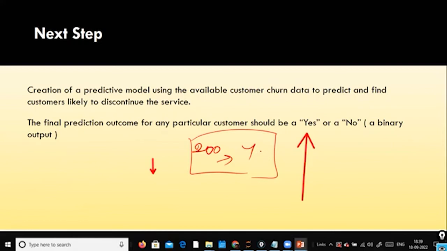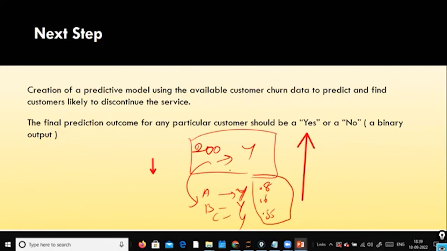If you quantify each customer with a probability, say customer A, my model predicted the class label Y, customer B is again Y, and customer C is also Y. Along with the predicted class label, it assigns a probability: this customer is 0.8, this customer is 0.6, this customer is 0.55. Then you get a quick idea about which customers are at high risk.